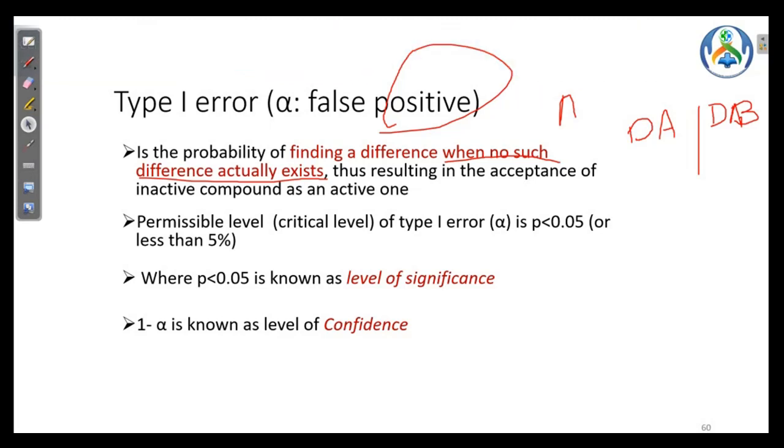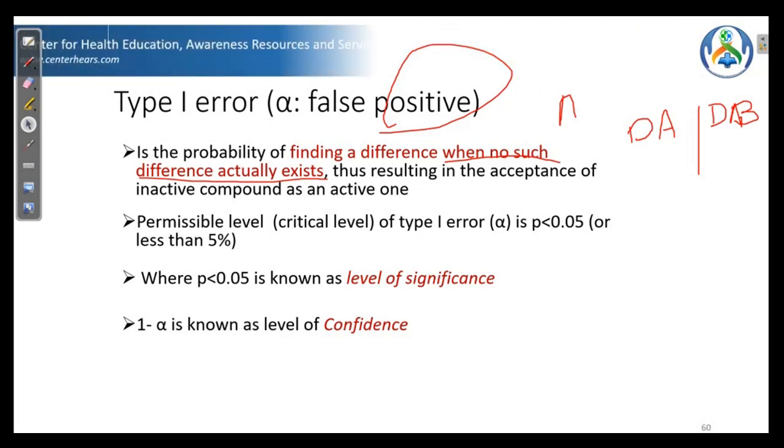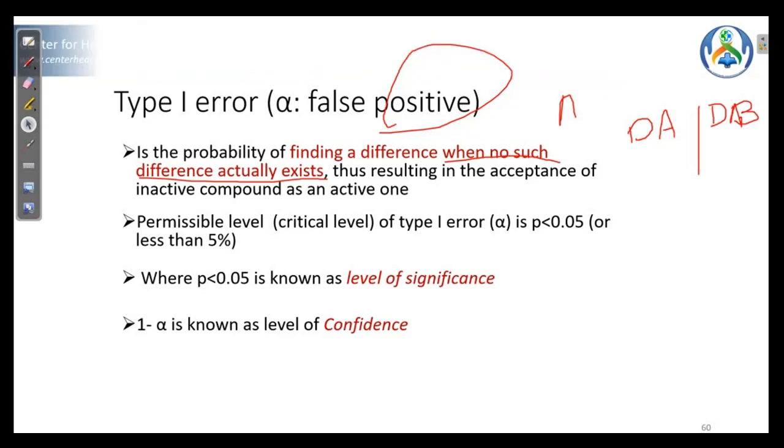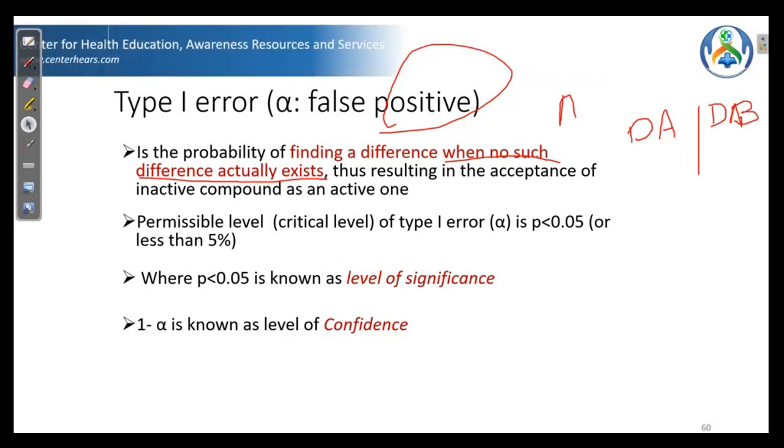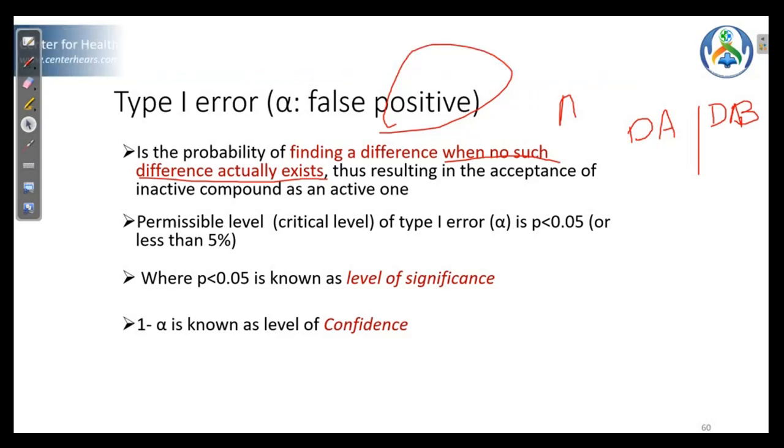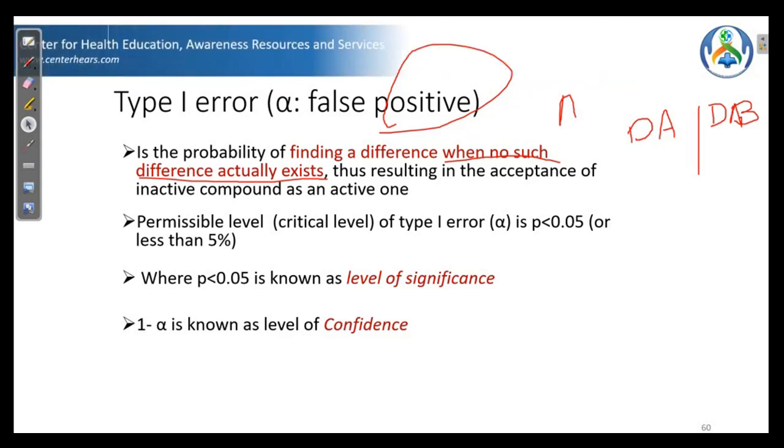The probability of getting the error should always be less than 0.05, and only then can we say there is a good interpretation from the test.